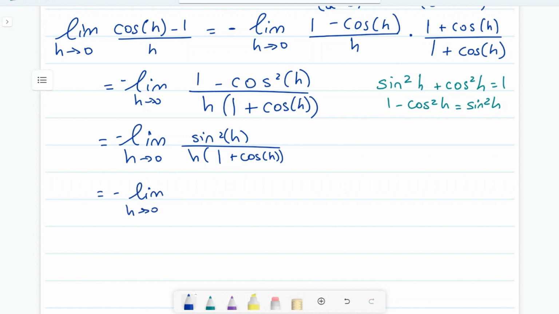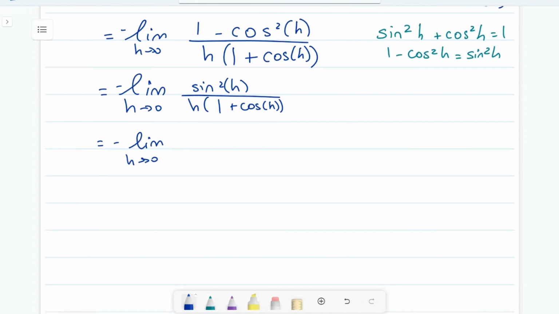So this gives us, I can separate the sine squared as sine of h times sine of h. And in fact, I can write this as sine of h divided by h times sine of h divided by 1 plus cos h. Because this is multiplication, I can write this as two fractions multiplied. I can write this as one fraction.